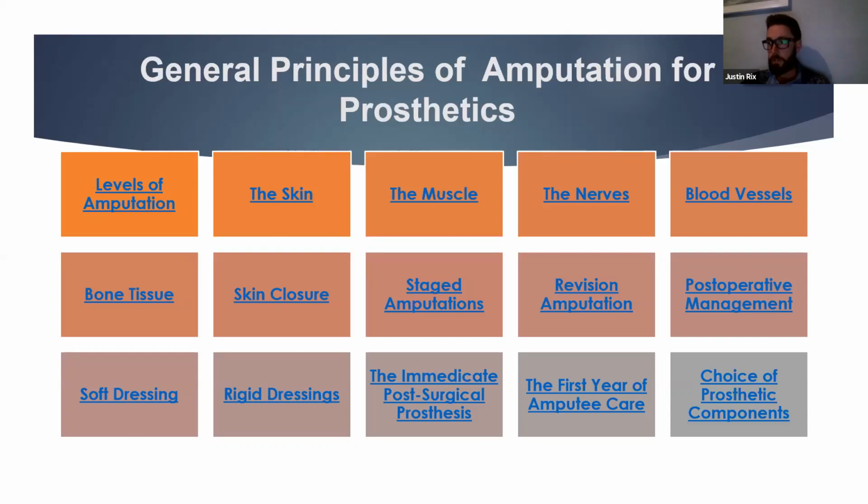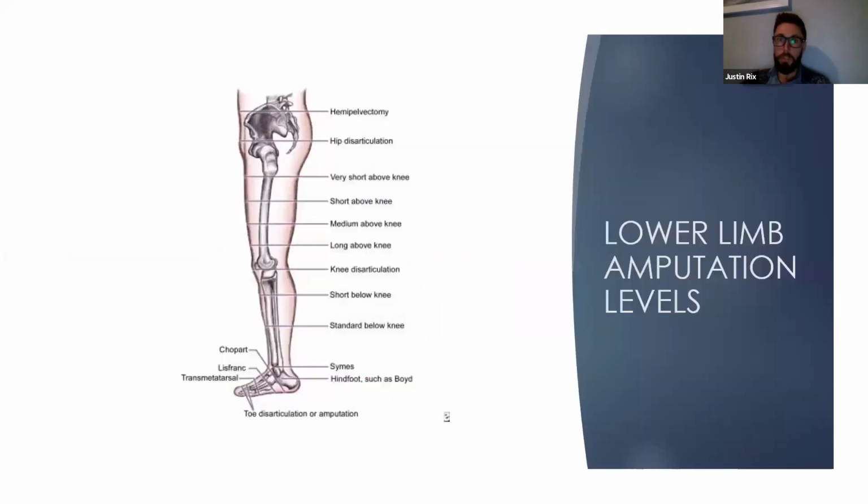So I'm going to touch on the main areas that we believe the actual surgery has the most impact on the ultimate comfort and function of the prosthesis. This is the level of amputation, bone length, the condition of the skin, and the muscles. So these are a couple of the major amputation levels.